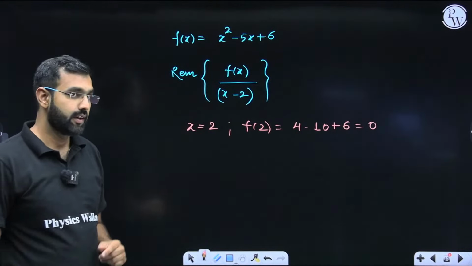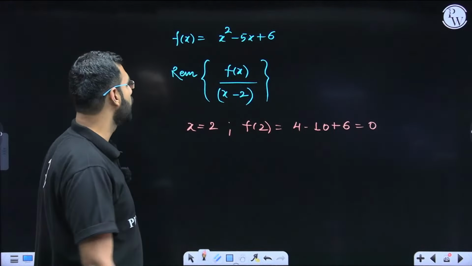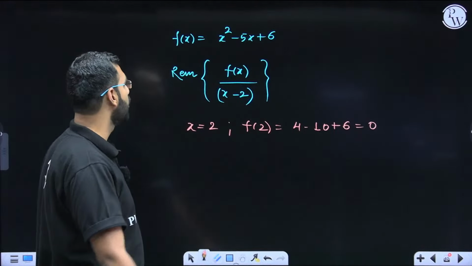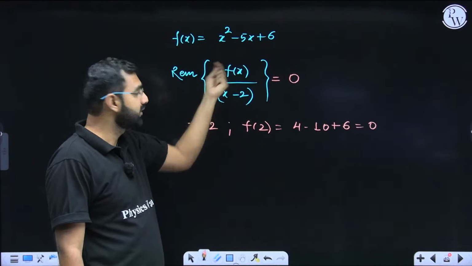So yes, good Satyam. When you find f of 2 and it is found to be 0, it means that when f of x is divided by x minus 2, it will give you a remainder 0. And I hope you remember, if a number is divisible by a number, which means it gives a remainder 0, that means that number is a factor of this number.